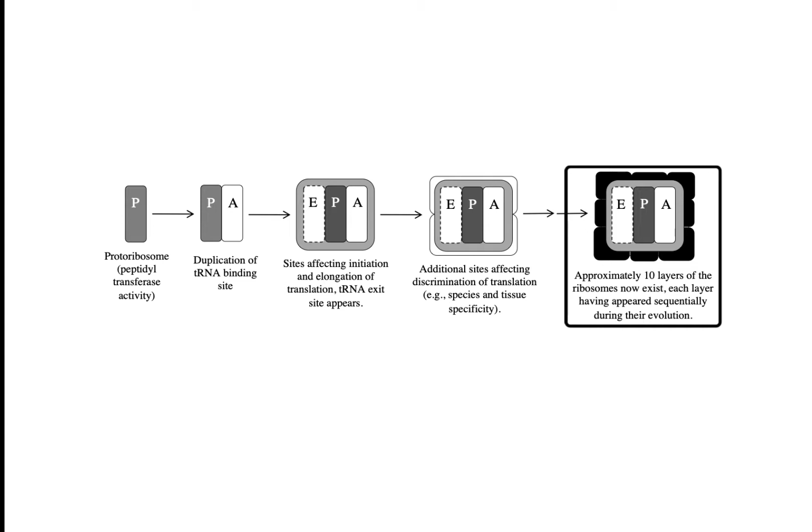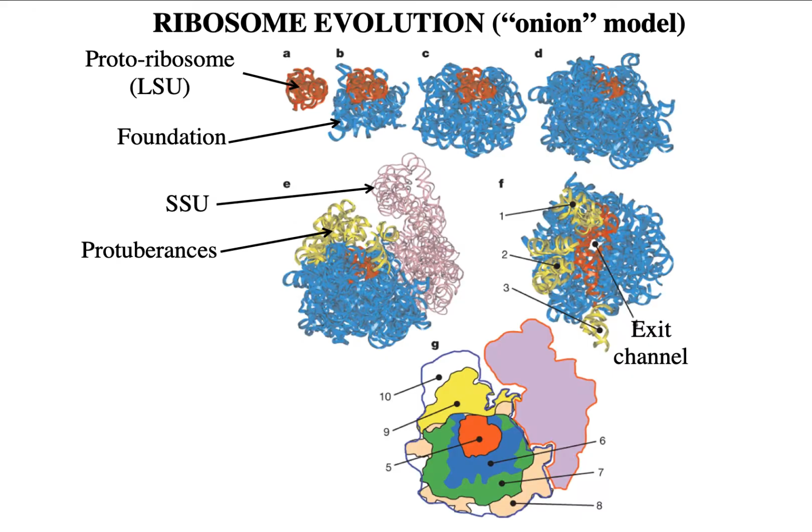The small subunit also was evolving to attach to and assist the large subunit. These are models from one of those papers I was talking about, showing this protoribosome with the peptidyl transferase activity, and then the foundation for that mainly to hold it into its catalytic form, and further adding layer after layer to this in what's called the onion model.